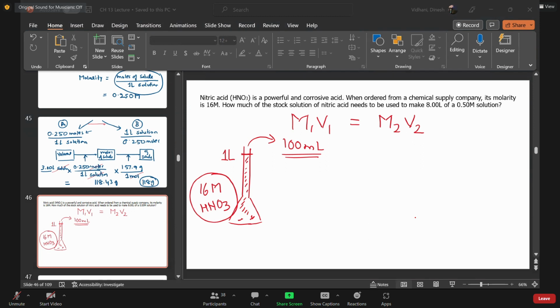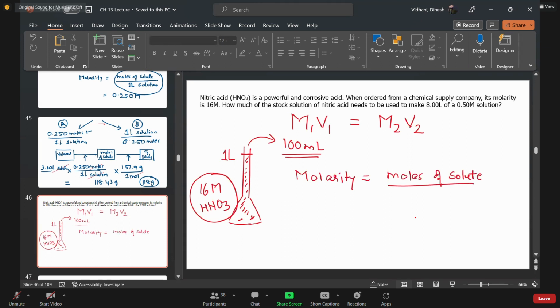Now, how did I reach that conclusion? Let me show you. Molarity equals moles of solute divided by 1 liter of solution. That was the molarity. Now, think about it.